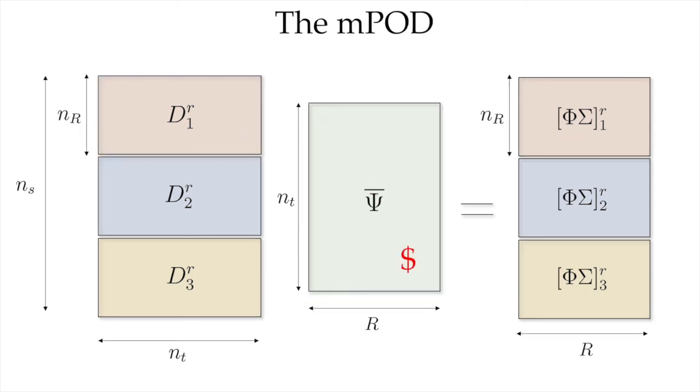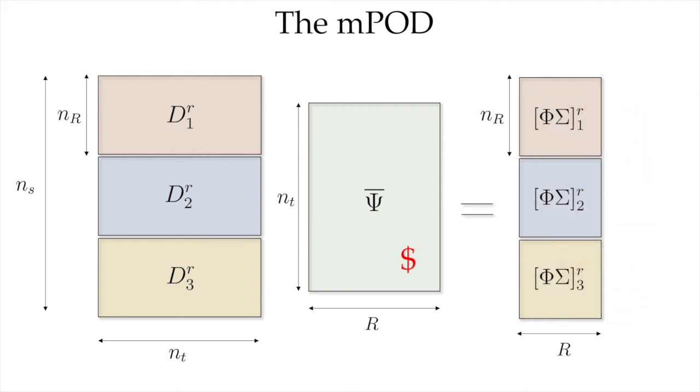In the MPOD, the computation of the psi-m is more expensive since it involves the diagonalization of multiple correlation matrices, unless we use the fast MPOD algorithm. This, as you have seen in the previous video, is still under development. The advantage over the DFT, however, is that we generally do not compute all the modes, especially if we want to export only a few of them.